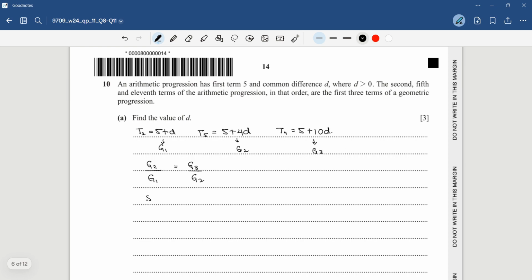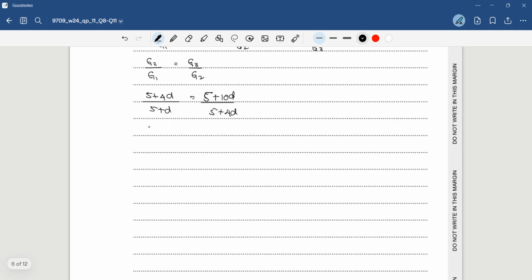So it's going to be 5 plus 4D over 5 plus D is equivalent to G3, 5 plus 10D over 5 plus 4D. So 5 plus 4D squared is equivalent to 5 plus 10D times 5 plus D.